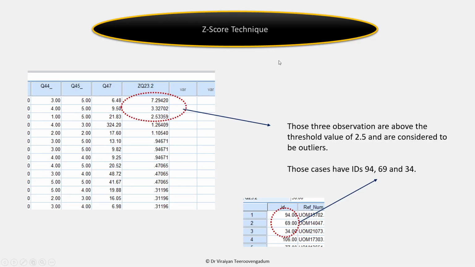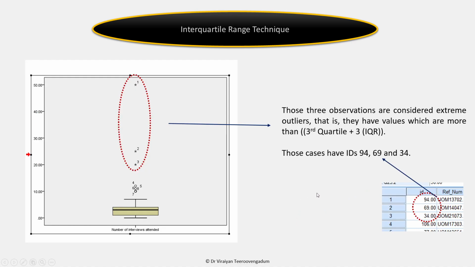Now we need to interpret. Using the z-score technique, we have 3 values detected as outliers, observations 1 to 3 with IDs 94, 69 and 34. Using the interquartile range technique, we get the same thing. Those values 94, 69, and 34 are considered to be extreme outliers.